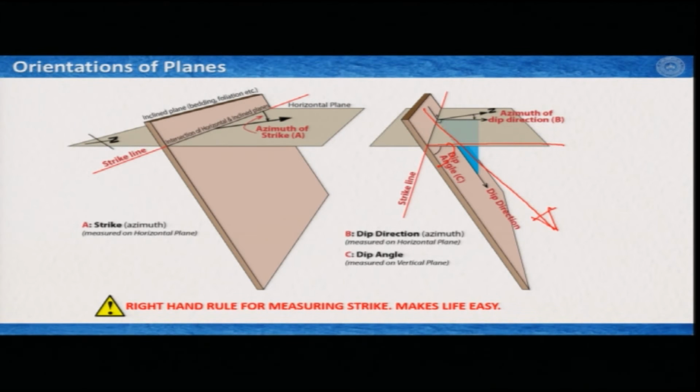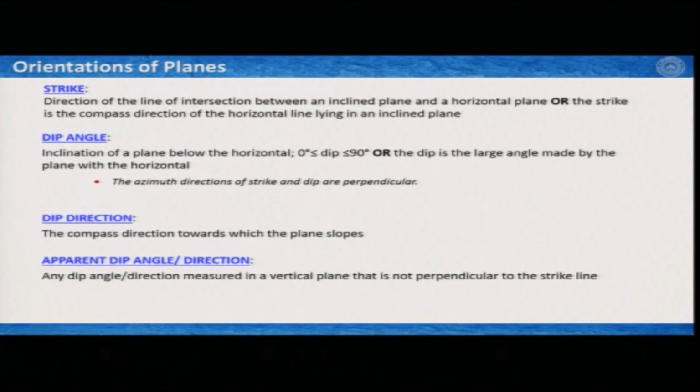Now, there are some techniques of measuring it. Generally, structural geologists do follow right hand rules, we will learn about it later, but there are many other ways people measure dip, strike and dip directions. I hope the concepts are clear. Let us have the definitions.